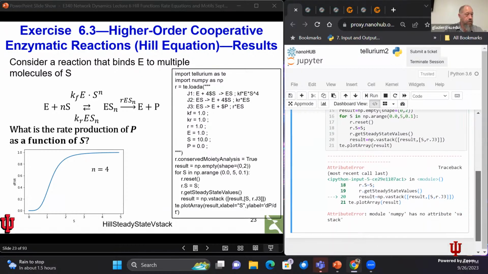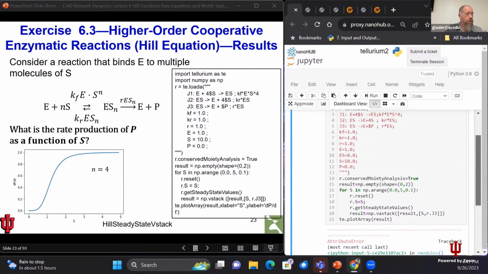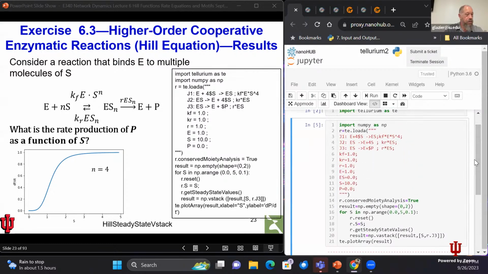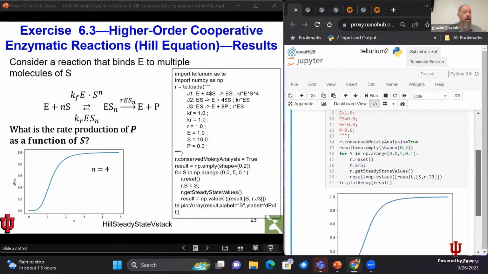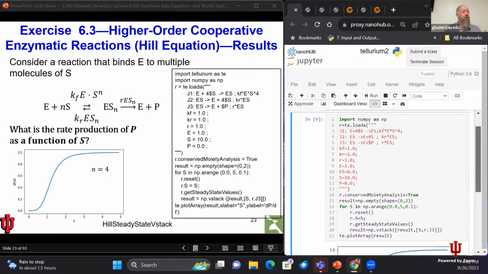Still got to type. Oh, because I typed vstack wrong. I hope everybody else was able to do that faster than I was. My assumption was that you would all load what you did last week, and I would just type it so that you could play with it for a bit.